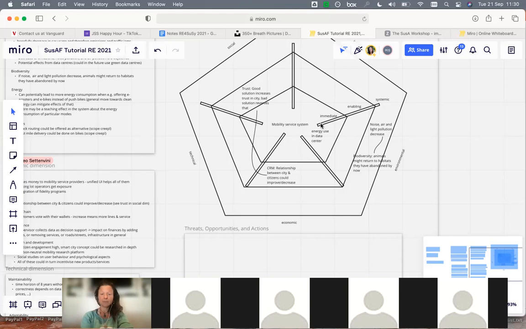Or maybe we could also look at this system in a different way and say that it has a direct impact on the health of whoever is using a bike, for instance, or whoever is walking, right? And in that sense, it has a direct impact on the physical and mental health of the user of the system. And that is enabled by the application, but it's a direct effect because I'm getting better physically or mentally by virtue of having, for instance, guidance on a path in the forest.